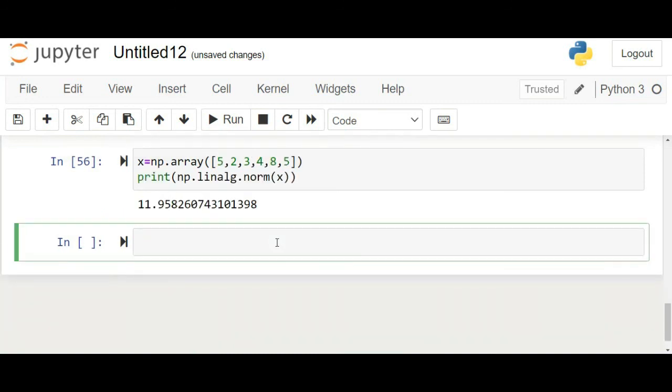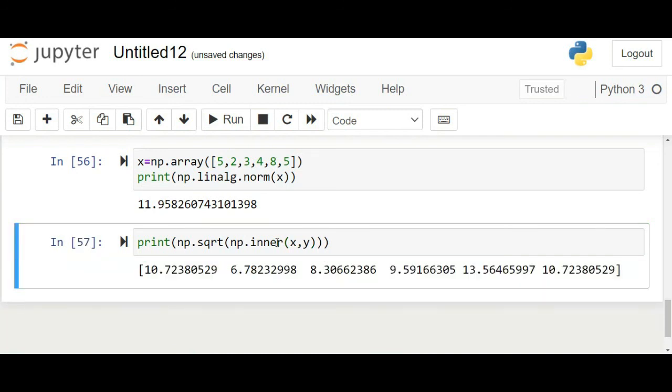And if we print, inside the parenthesis we shall write np.sqrt of np.inner product of x comma y.